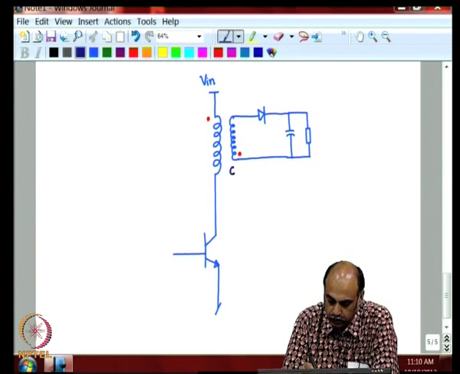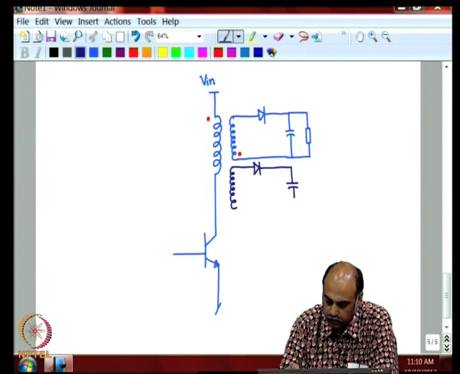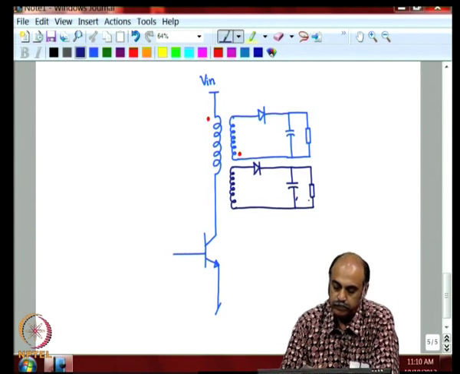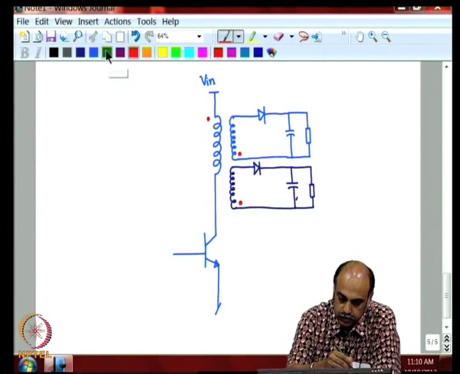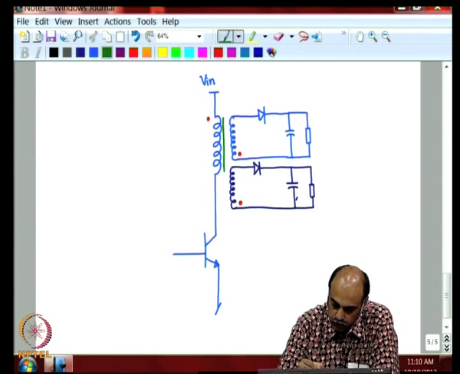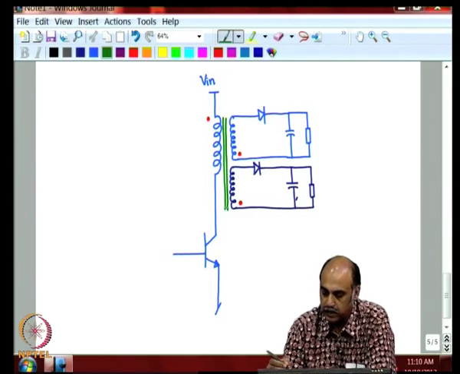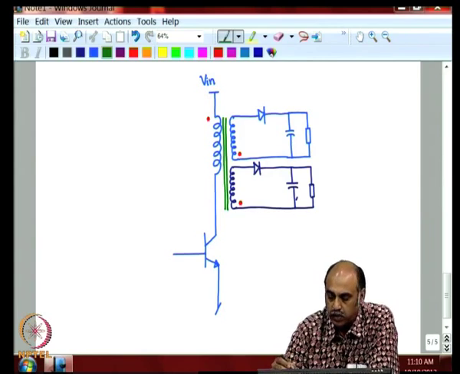We would have, let us say, another output in this fashion, and that is also coupled to the same core. All three windings are placed in the same core, the primary, secondary 1 and secondary 2. This is just an example with 2 outputs, but there could be many more outputs.